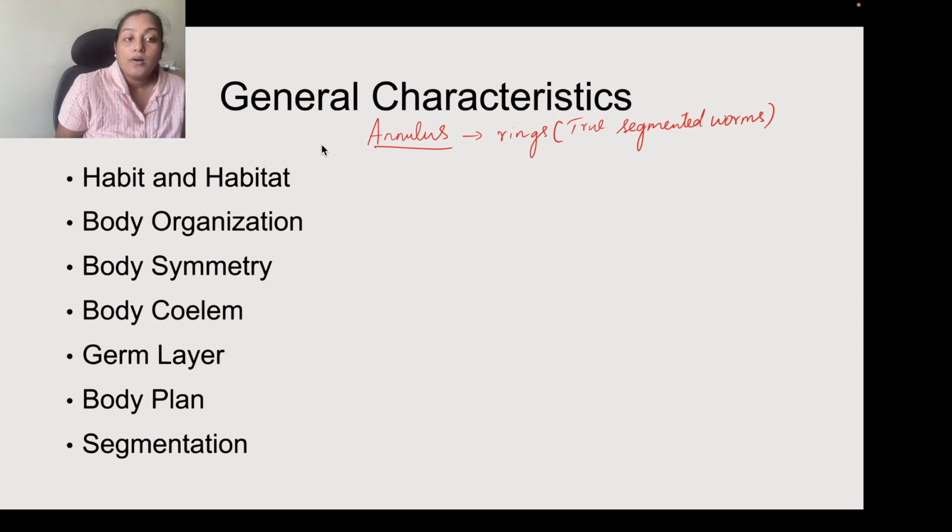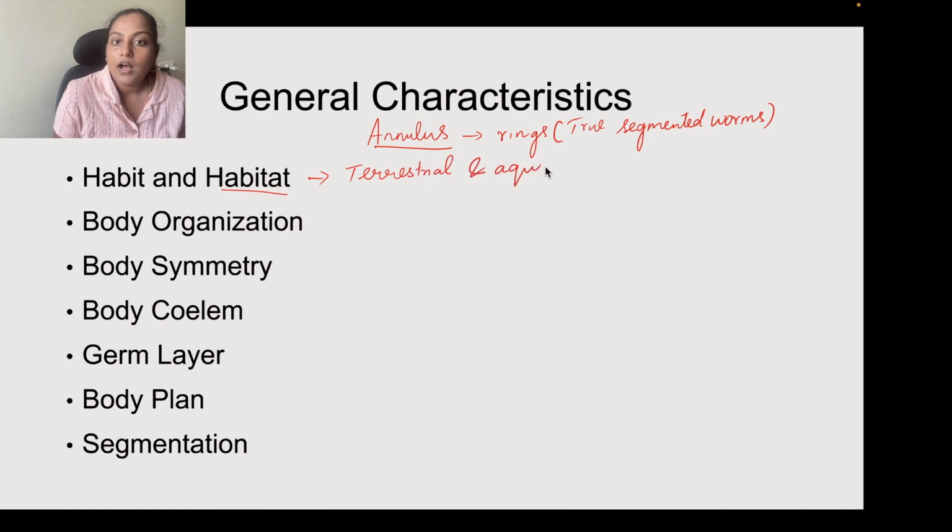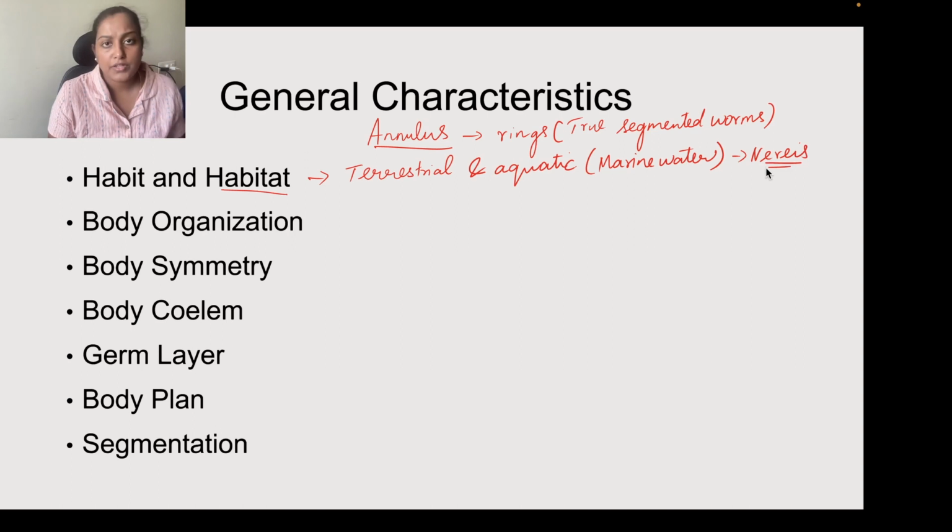Moving on to the very first point, which is habitat. Talking about the habitat, children, they are both terrestrial and aquatic. Aquatic ones are mostly marine. You can find them in the marine waters, like Nereis. You might have seen the picture of Nereis in your NCERT.